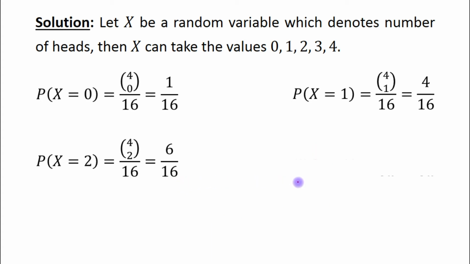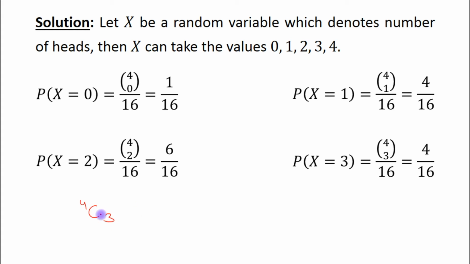Next one, P(X = 3), that means probability of getting 3 heads. It will be equal to 4C3 upon 16. 4C3, that means out of 4 tosses we get 3 heads. It will be equal to 4C1.